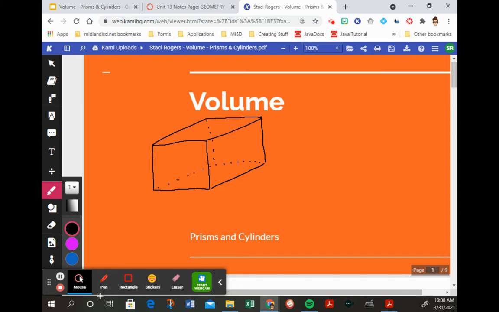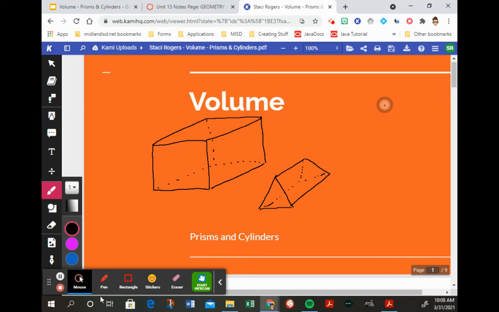There's a rectangular prism. There's a triangular prism. In both of them, we have the rectangle as part of the shape.